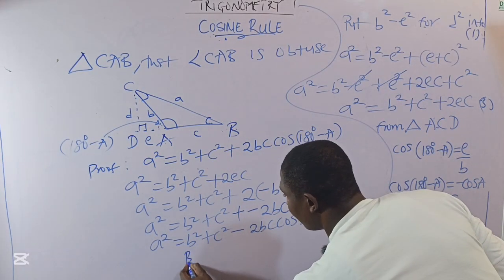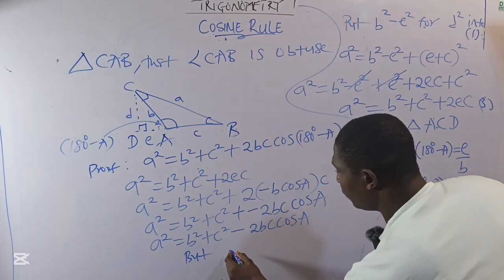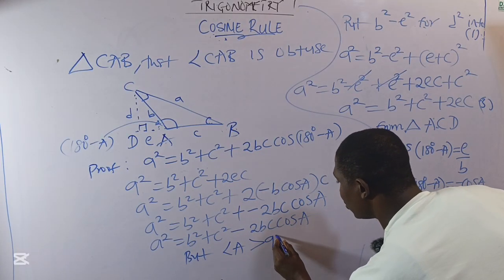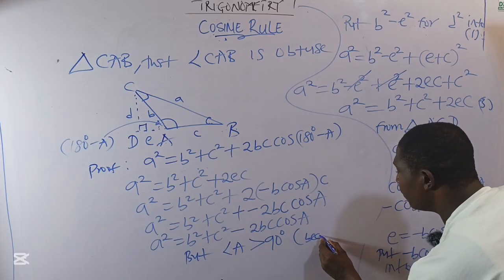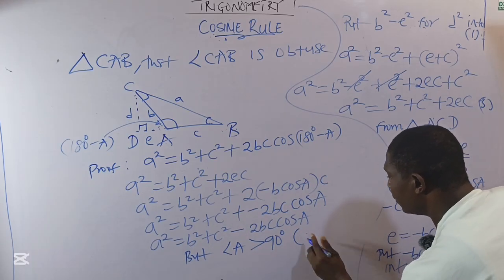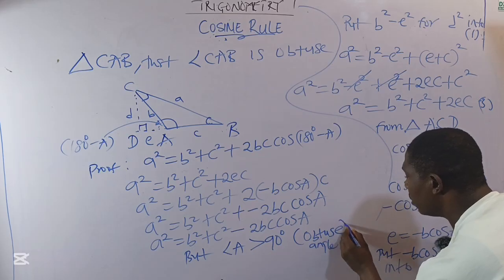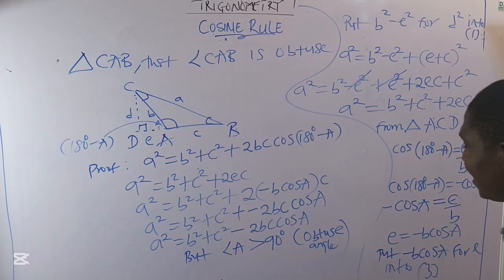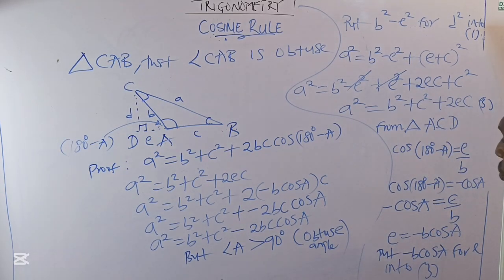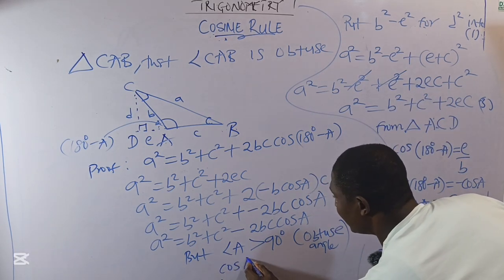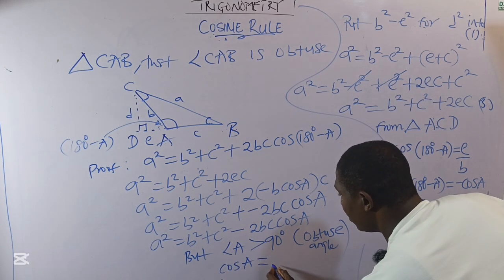You will now write, but angle A is greater than 90 degrees, being an obtuse angle.